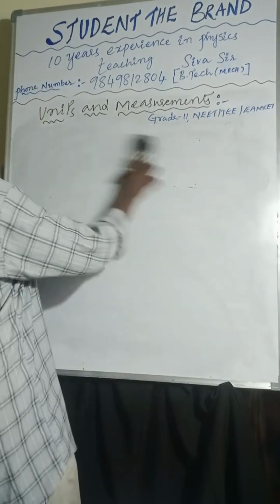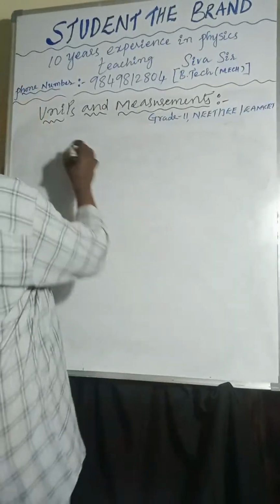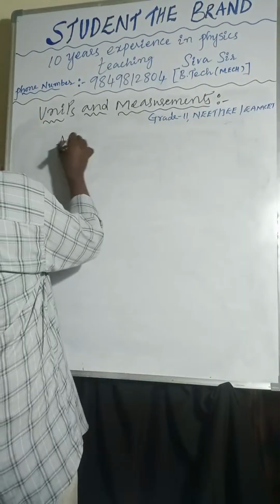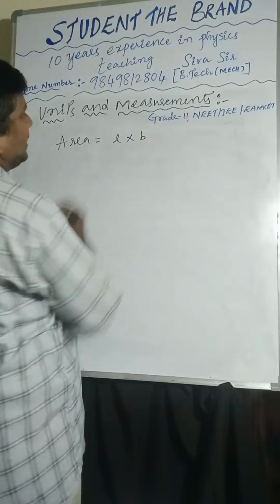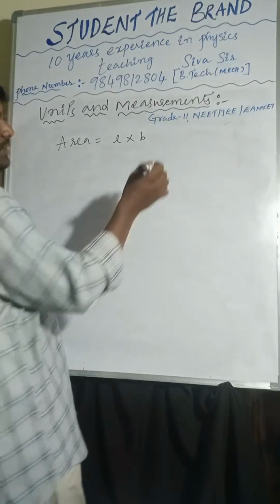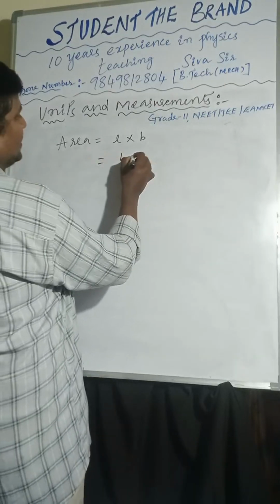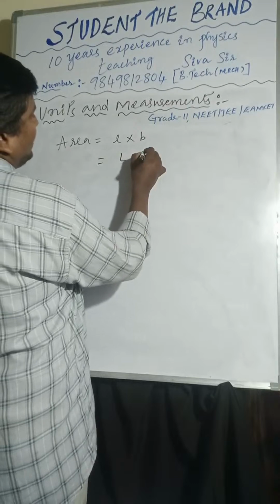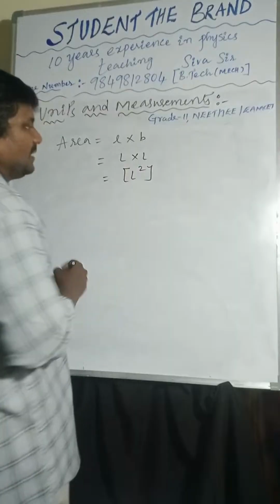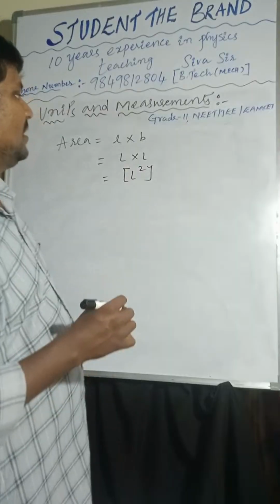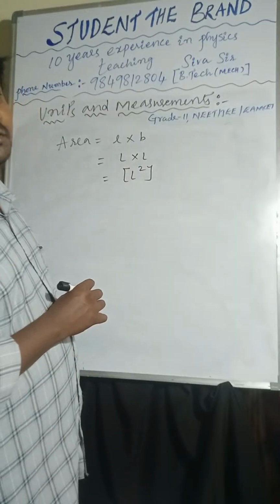What is the area formula? Length into breadth. In dimensions, L into L is L square. Placing it in capital letters, that is the dimensional formula of area.